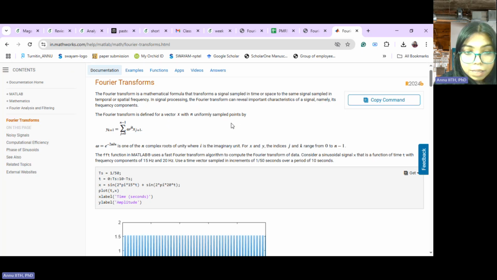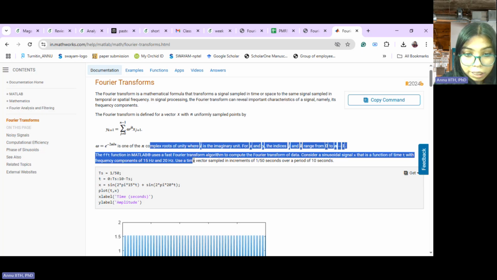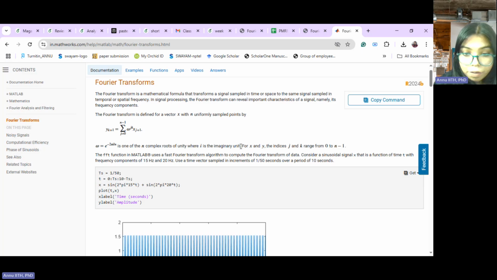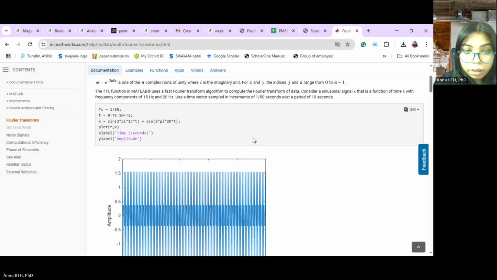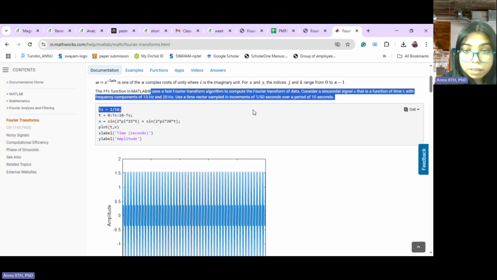The discrete Fourier transform is defined for a vector x with n uniformly sampled points, where omega is e to the power of minus 2 pi i by n, one of the n complex roots of unity, where i is the imaginary unit. For x and y, the indices j and k range from 0 to n minus 1. The FFT function in MATLAB uses the fast Fourier transform algorithm to compute the Fourier transform of data.